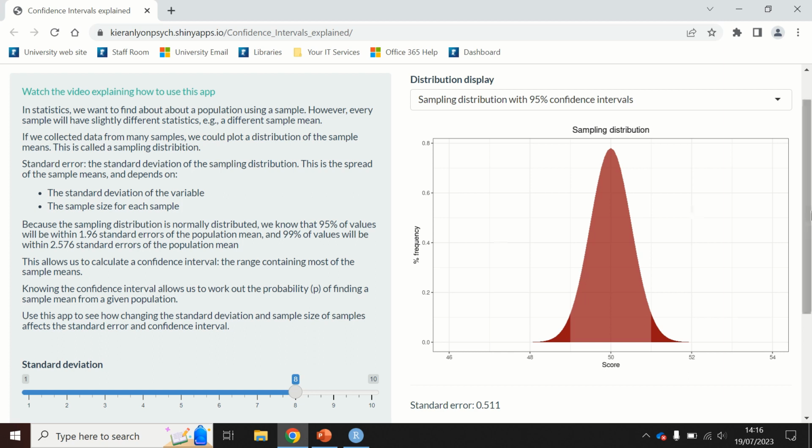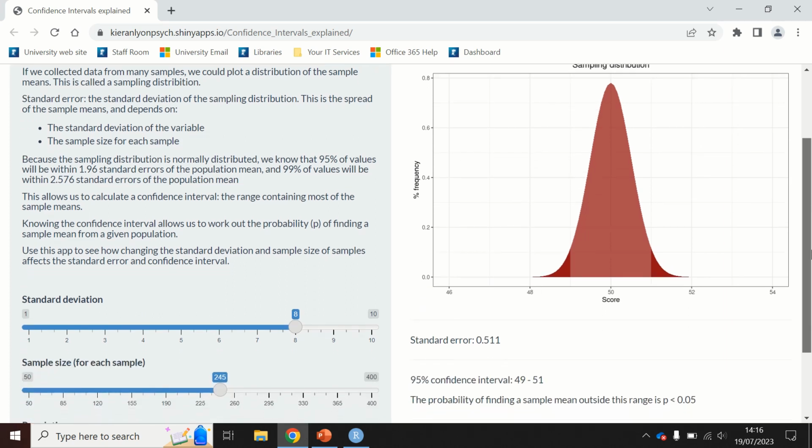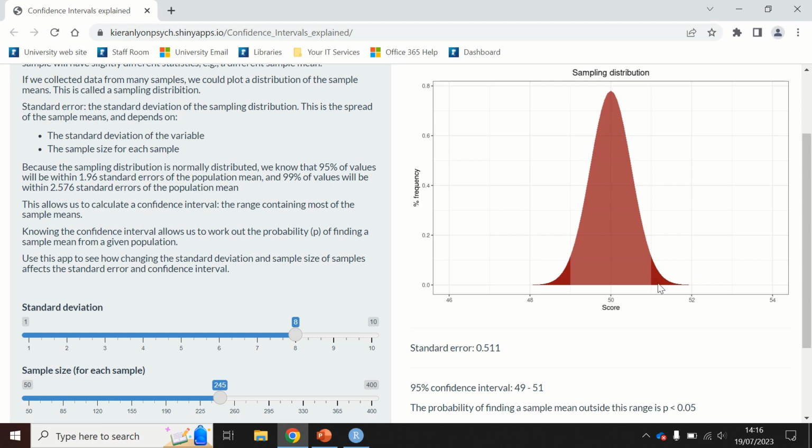And what that means, and you can actually see this down here, is that we have 95% confidence that our population mean will be between 49 and 51 in this case. So we know our sample mean, and using that, and using our knowledge of the sampling distribution, we can say we don't know our population mean, but we can be 95% sure that it will be between here and here.